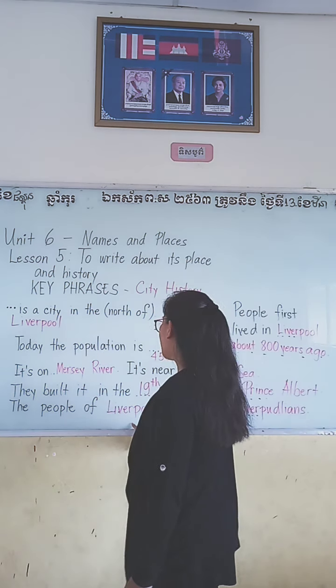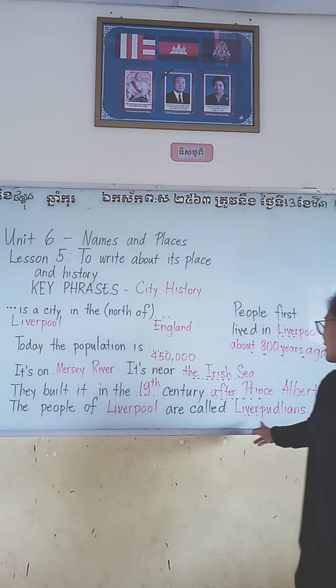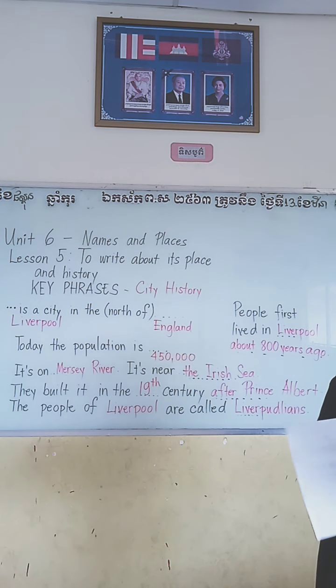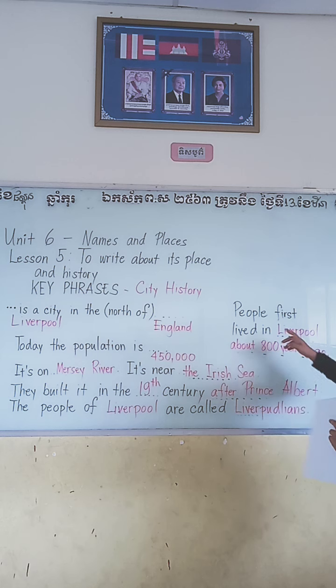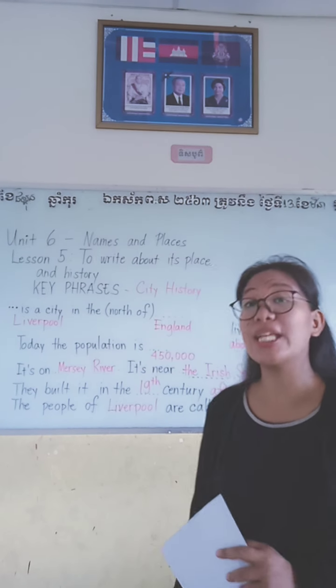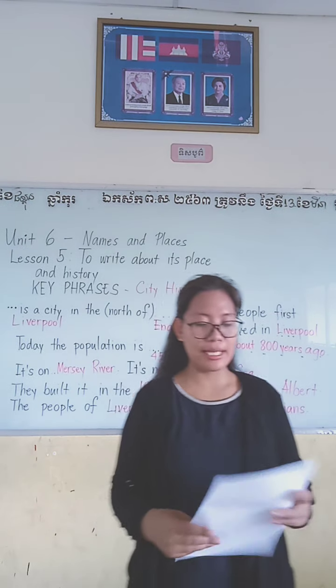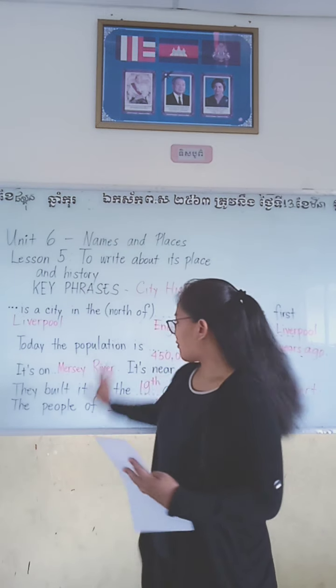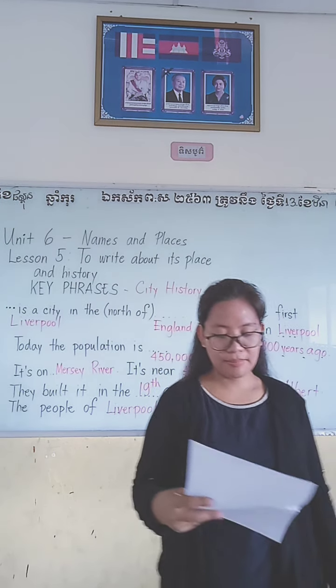The people of Liverpool are called, very good, Liverpudlians. Wow, you're doing a great job. Next, people first lived in Liverpool about, very good, 800 years ago. Okay, that's good. Next, after that, you know how to do it.